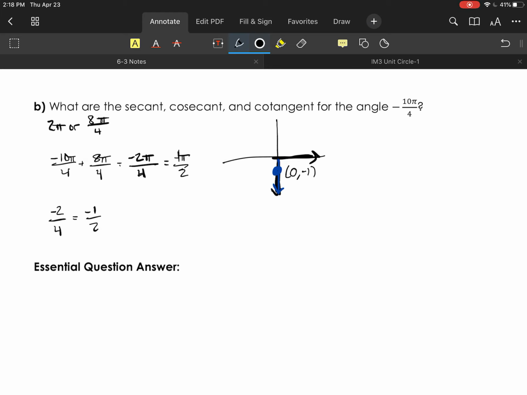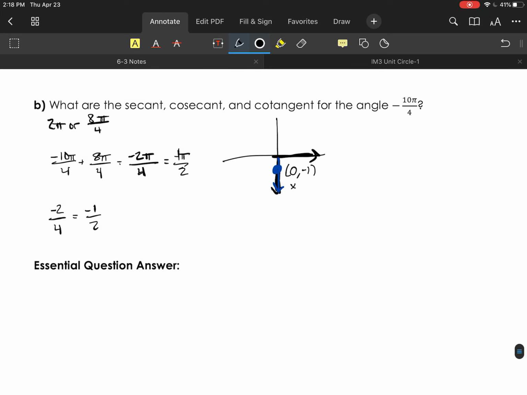If I go down 1, then my y value is negative 1. I just picked a random point, but always pick one that involves 1 because that's easier. Now you've been given an x and a y value. There is a rule that I'm not going to explain the logic behind, since we're doing this online. But I'm going to tell you the rules for how to apply an x and a y value to all 6 trig functions. So here's your rule for that.